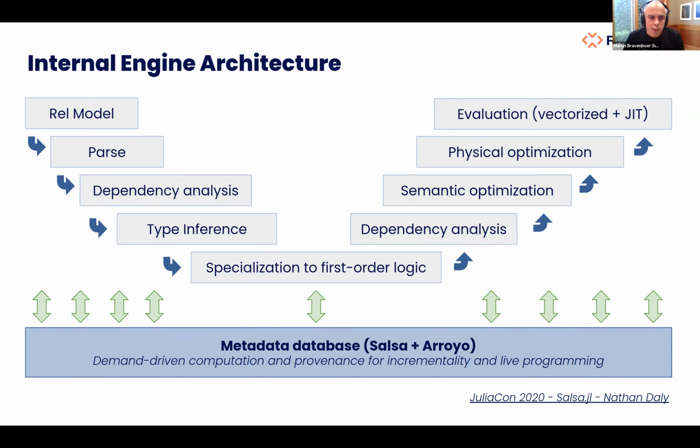We use a compiler architecture that is very similar to how compilers are developed for IDEs these days. That system is called Salsa, and that's sitting here at the bottom, which is essentially a little metadata database that we use for tracking dependencies and caching compilation results. And if we have enough time, I'll get into that.